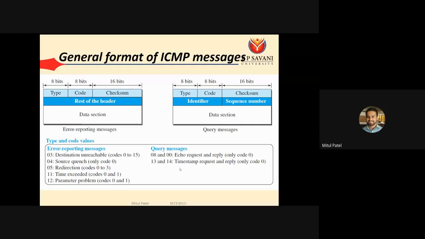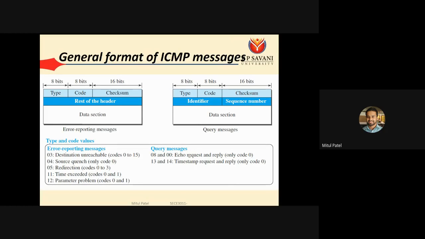If we require a detailed explanation of the route, then we send timestamp request and reply. But if you want to know whether the destination is alive or not, send only the ping command.